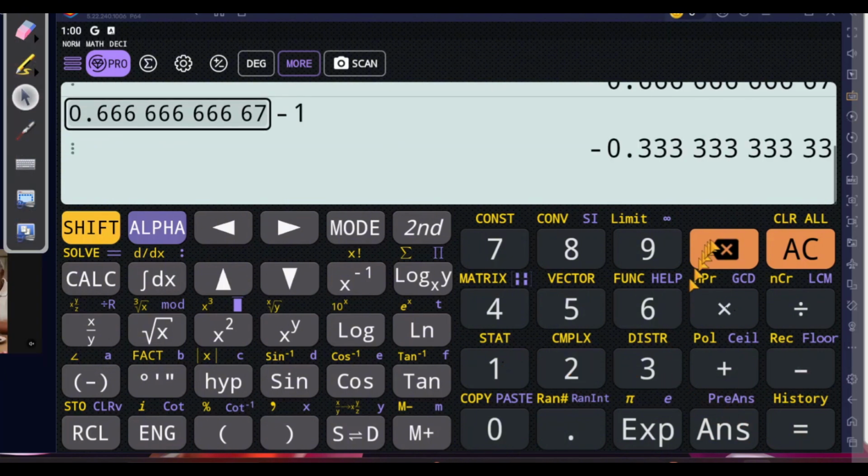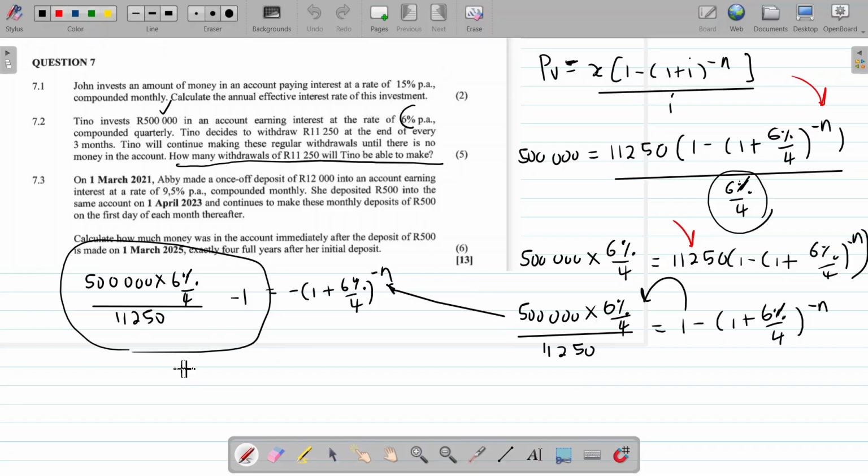And then I get minus 0.333, recurring. Then we have minus 1 plus 6% over 4, all raised to the minus N. So now over here, I'm looking for my exponent.